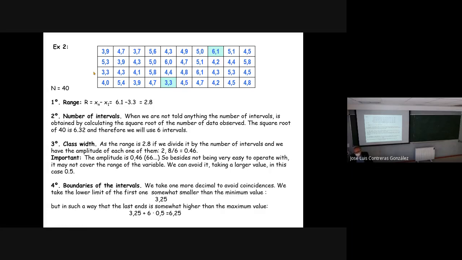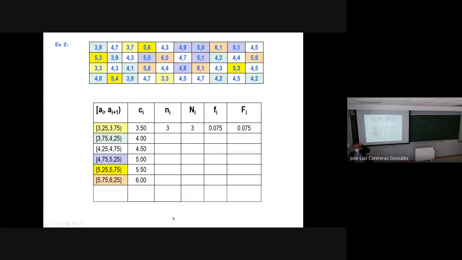Okay. So what will be the highest value? We have 6 intervals. The width is 0.5, so the highest boundary will be 6.25. So finally, this is our table. It is a generalization of what we had before. And here you have, it's a pity, I should have used points for the decimal sign, because otherwise they get confused with this comma.